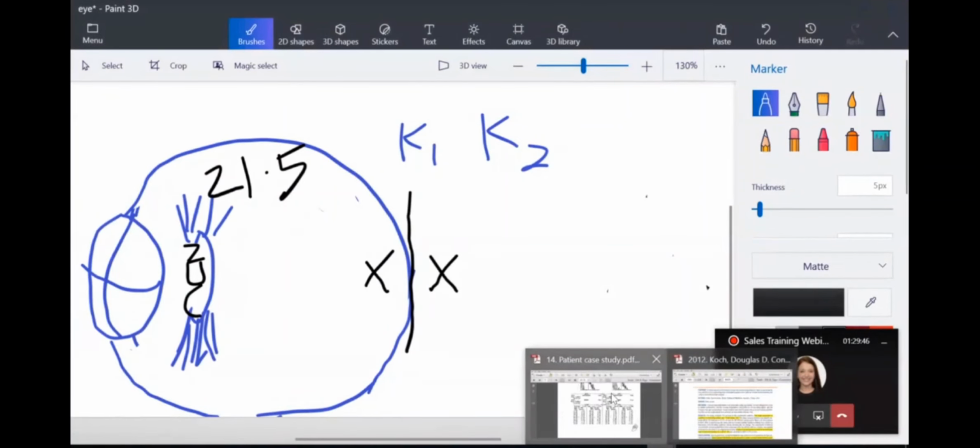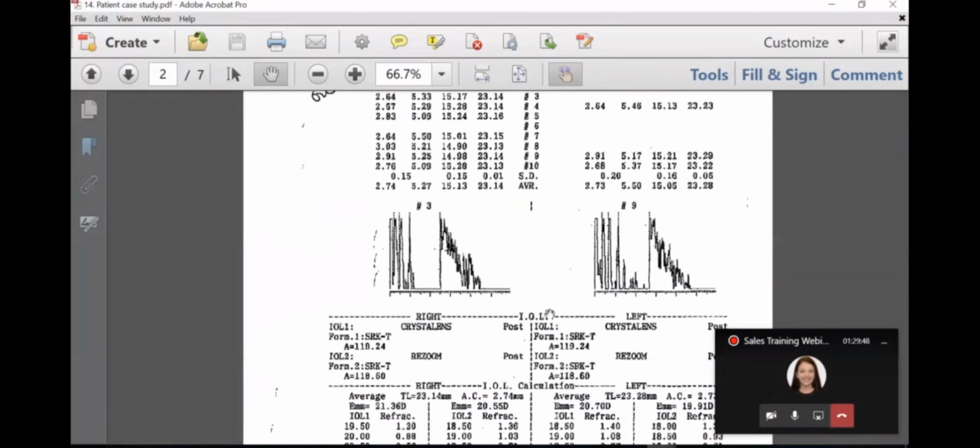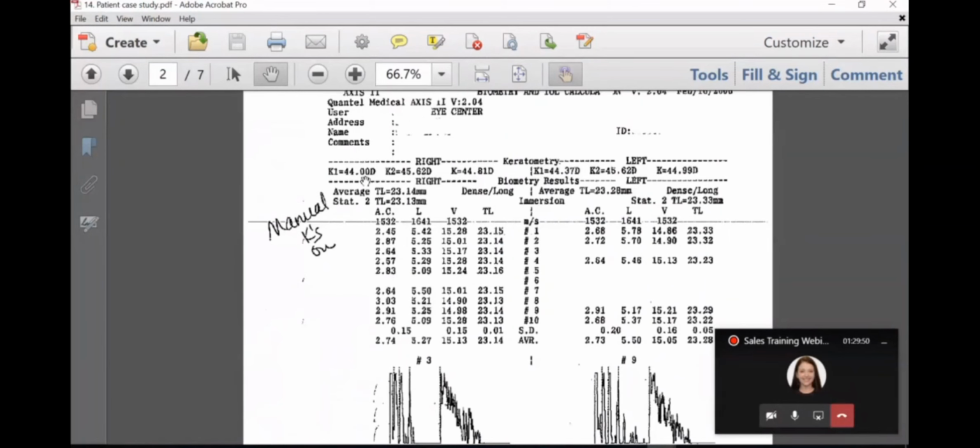And if you look at this case here, the astigmatism is actually quite significant, right? The difference here is 1.62 diopters of corneal astigmatism. So that's actually quite significant.